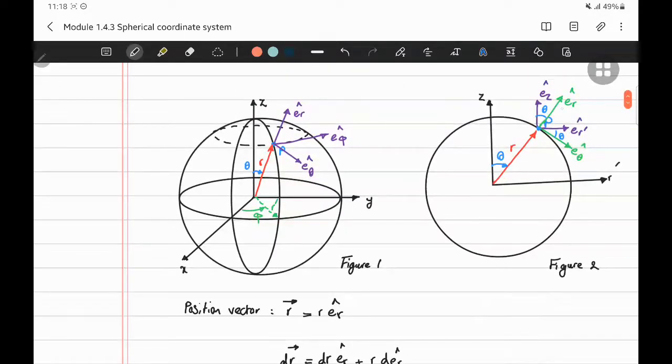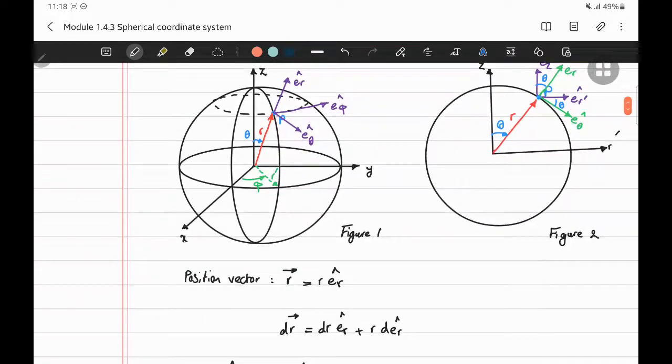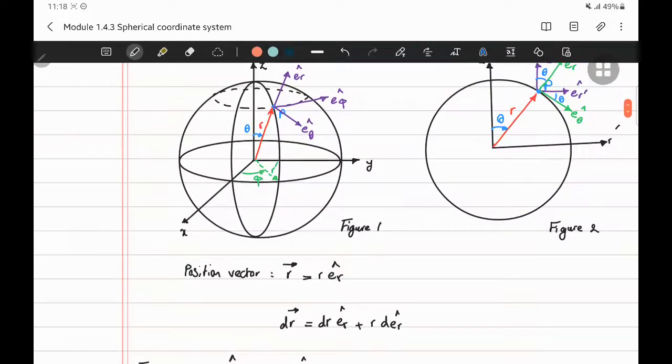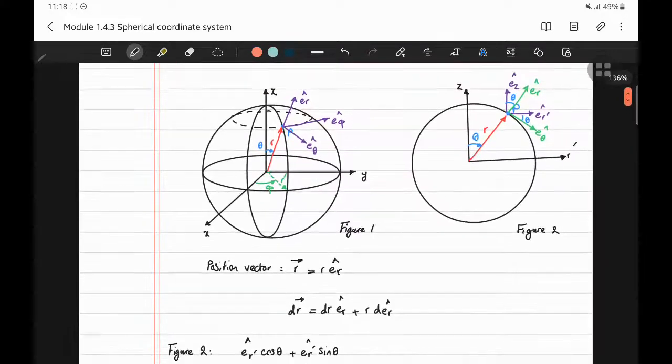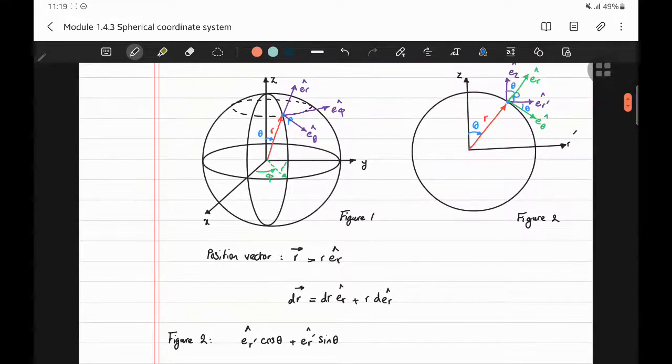If I just project this er prime here, let me zoom out this bit. Okay.